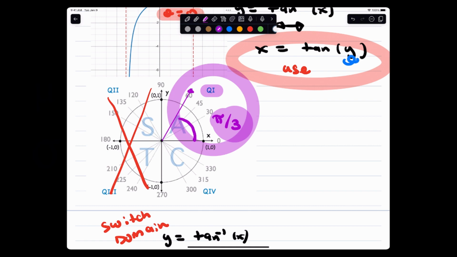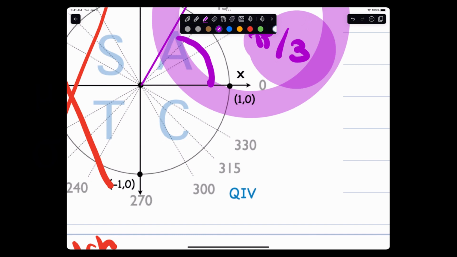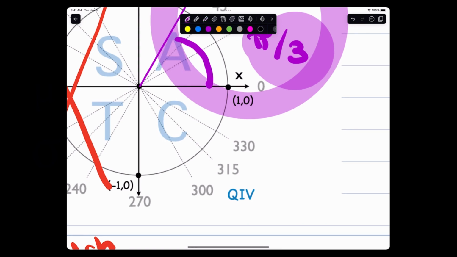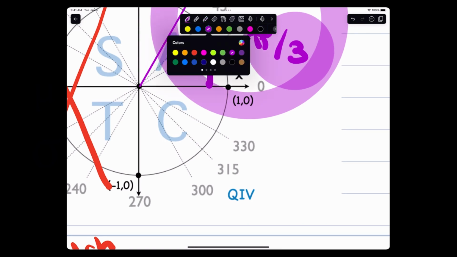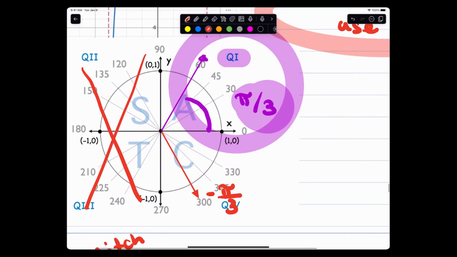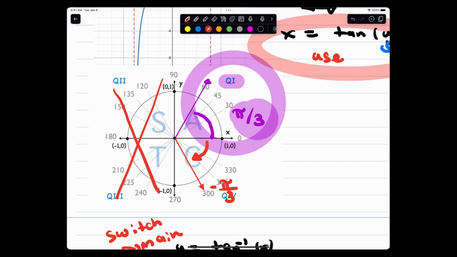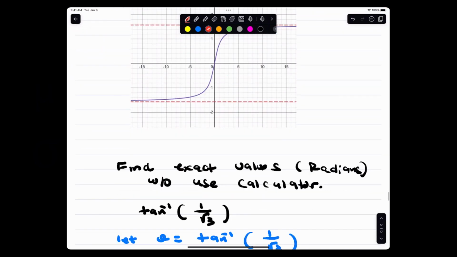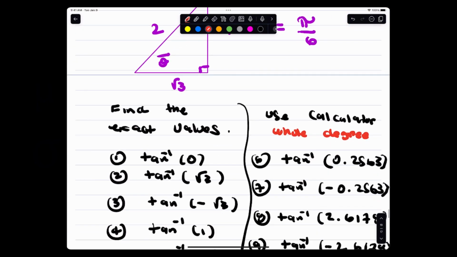All righty. But tangent's negative, so that means we have to go negative what? So this will be negative pi over 3, because you're going to have to use that reference angle. So it's a negative pi over 3 value. So ladies and gentlemen, you're done. Theta's negative pi over 3.